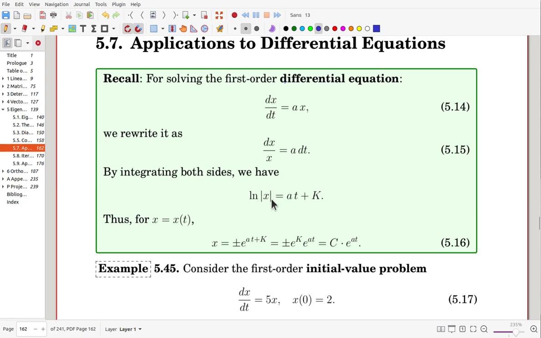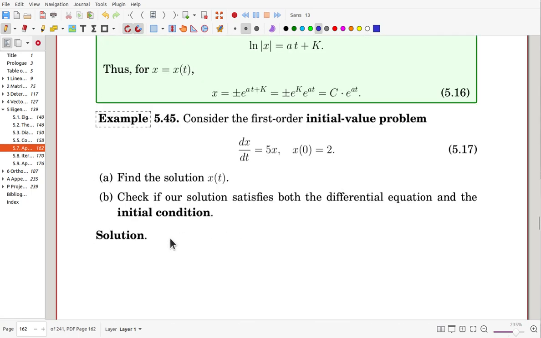Then the absolute value of x is e to that. Now we eliminate the absolute sign by putting a plus minus sign on the right side. Now it can be written in this way, and this term is a constant, and we are using C notation to get the solution. So let's try to solve this differential equation.